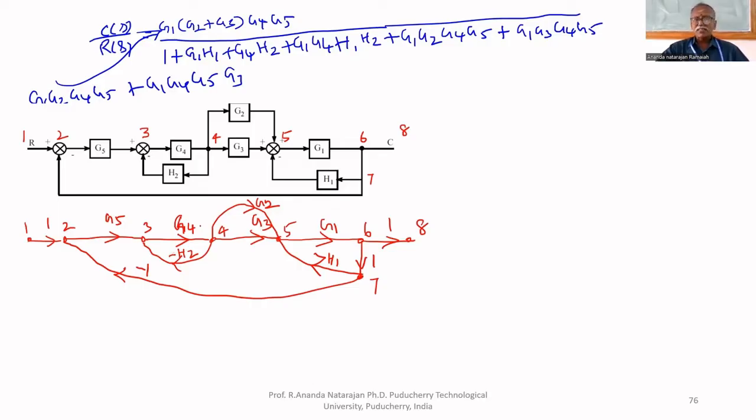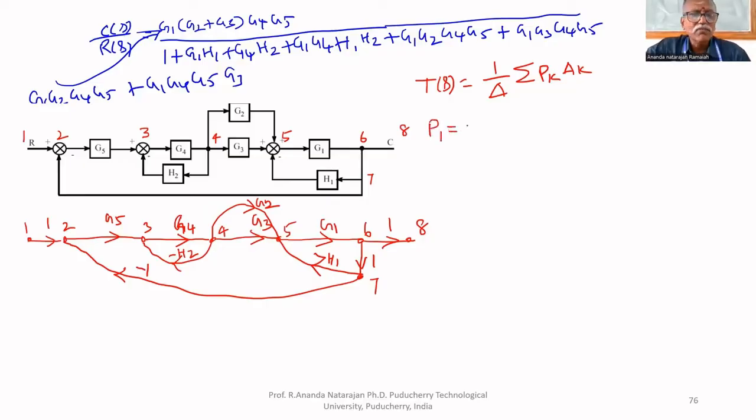Now we have to find the transfer function. What is the formula? Mason's gain formula: T of S equal to 1 upon delta, sigma Pk delta K. Here also only two forward paths are there. One is 1, 2, 3, 4, G3, 5, 6, 8. Another forward path is 1, 2, 3, 4, G2, 5, 6, 8.